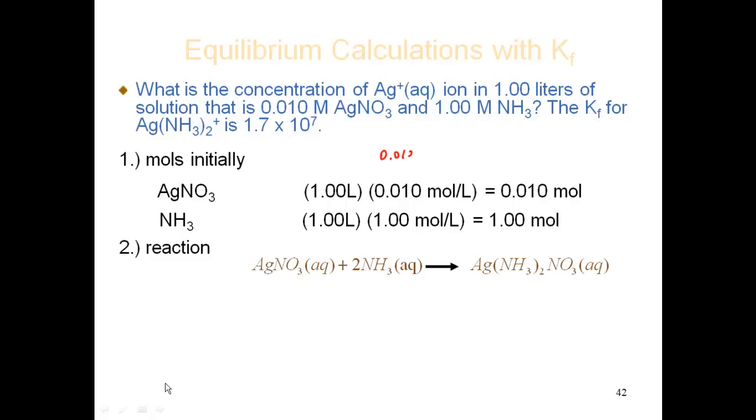I have 0.01 moles of silver nitrate, and the question is, what's my limiting reagent? So I can figure that out by saying, okay, how many moles of ammonia is it going to take to consume all that 0.01 moles of silver nitrate?